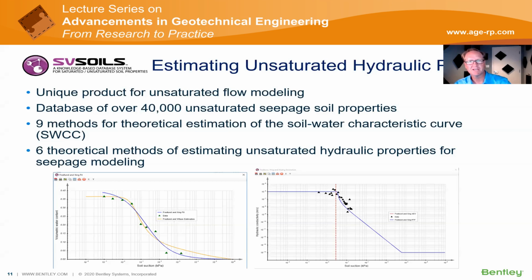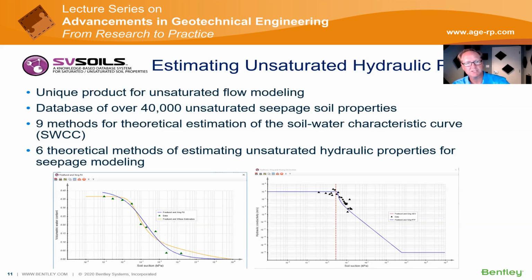And what they found generally is that the variability experienced in a lab for measuring the soil water characteristic curve is about the same as the variability that you would experience in your theoretical estimation methods. So sometimes we can get a reasonable theoretical estimation of how our material will perform in the field just by doing a theoretical estimation based on a grain size curve. And so a lot of times that can be good enough. And the unsaturated hydraulic conductivity curve, there are some curves in the database.